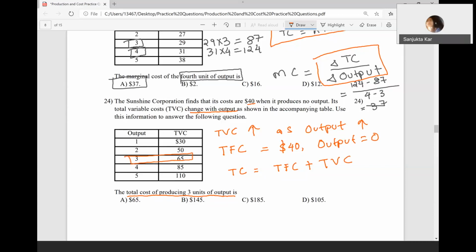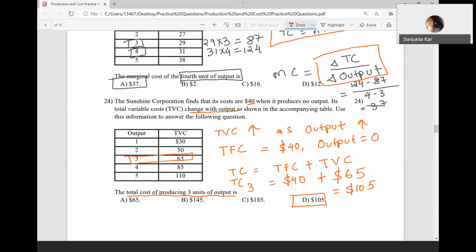The total cost for producing 3 units of output is total fixed cost, which is 40, plus total variable cost, which is equal to 65. Your answer is 105.